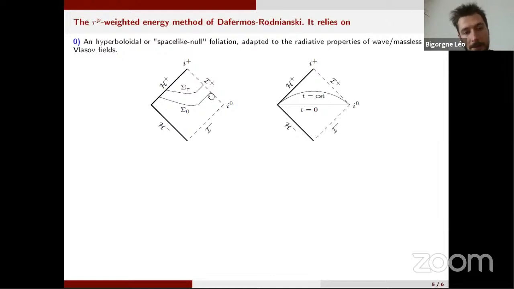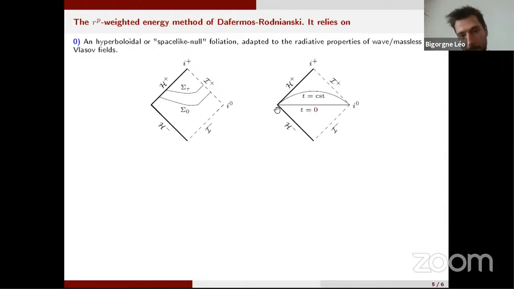Like that, we will be able to prove decay estimates for the energy flux through the foliation. And the reason is the following. The energy flux through Σ_τ here does not measure the energy radiated to null infinity and inside the black hole between time 0 and time τ.